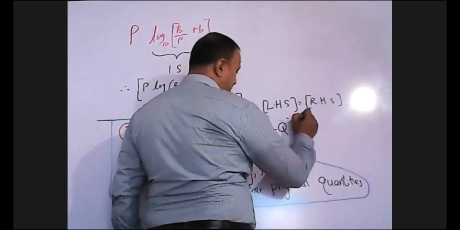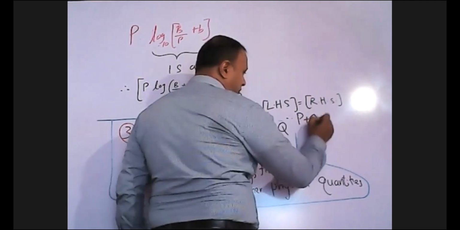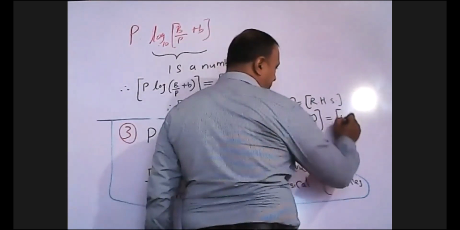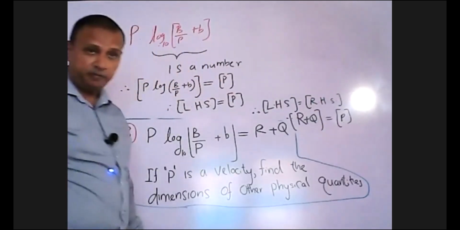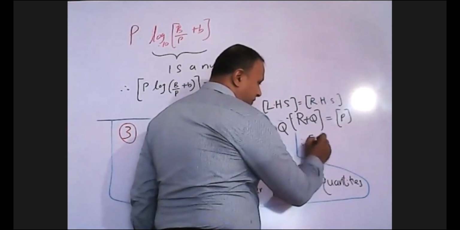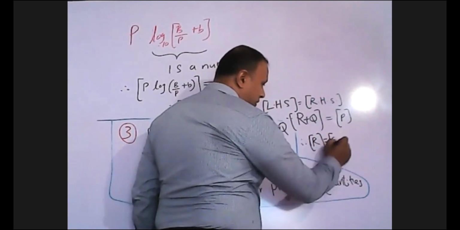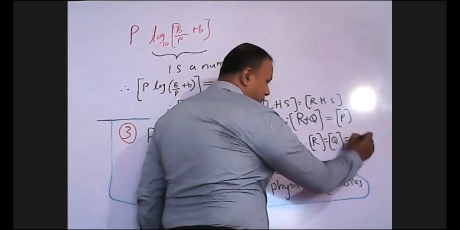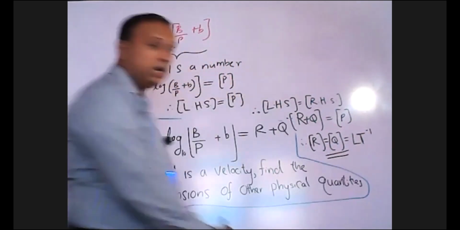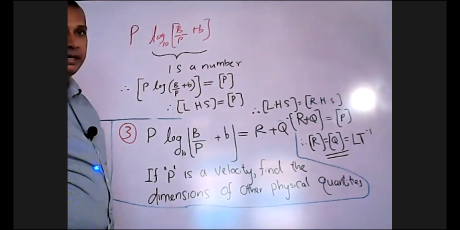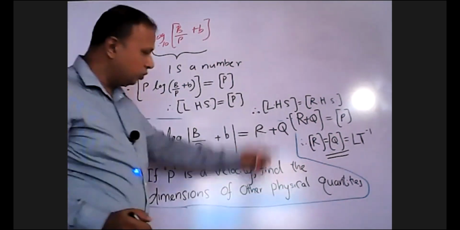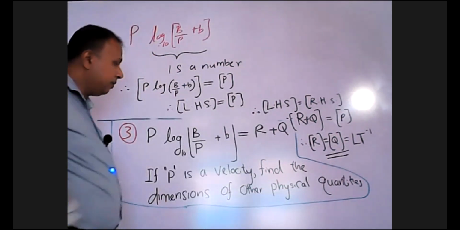That means R plus Q should have the dimension of P. Therefore, the dimension of R is equal to the dimension of Q, which is LT minus 1. Both should have the dimension of velocity.